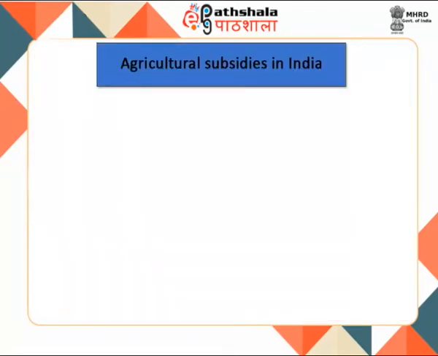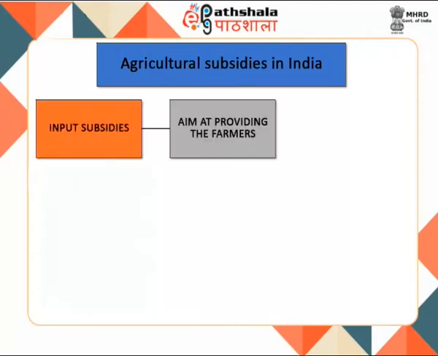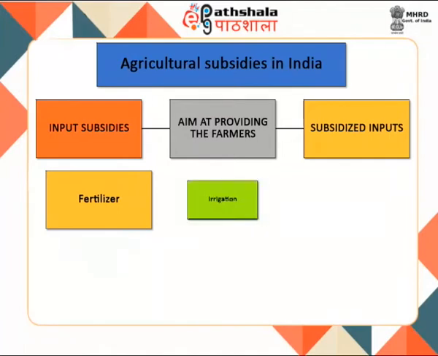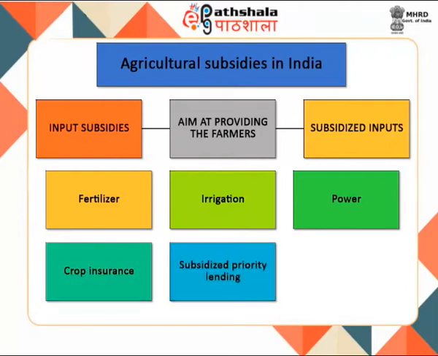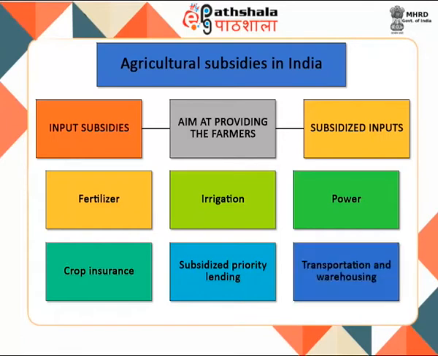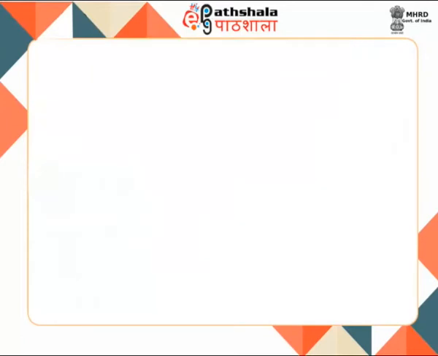Main agricultural subsidies in India are input subsidies, which aim at providing the farmers subsidized inputs. These include fertilizer, irrigation, power, crop insurance, subsidized priority lending, other subsidized inputs, transportation, and warehousing.